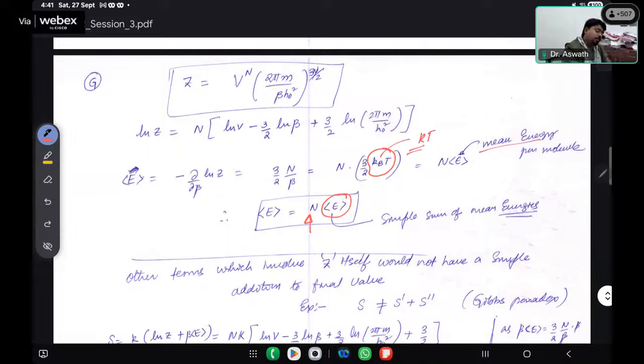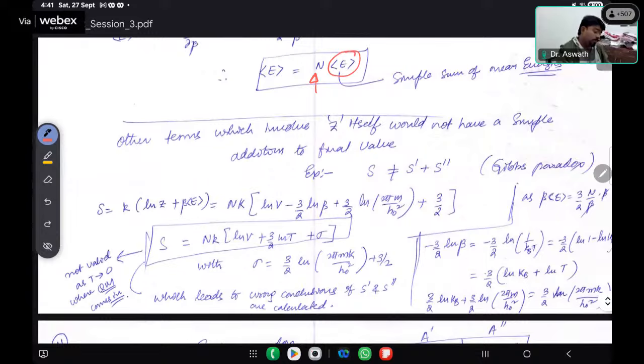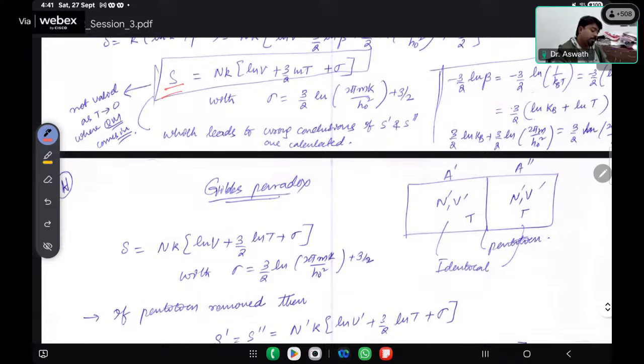That is the mean energy for the molecule. Other calculations you can do: entropy in terms of Z. That is where the Gibbs paradox comes in.